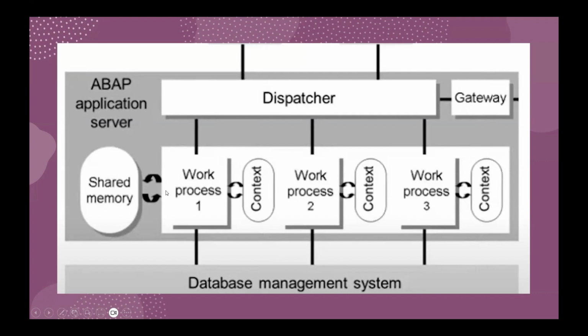If the data is available, the user will get it from the application layer only. Or else the work processor will go to the database, pull the data from the database, and give it to the user.